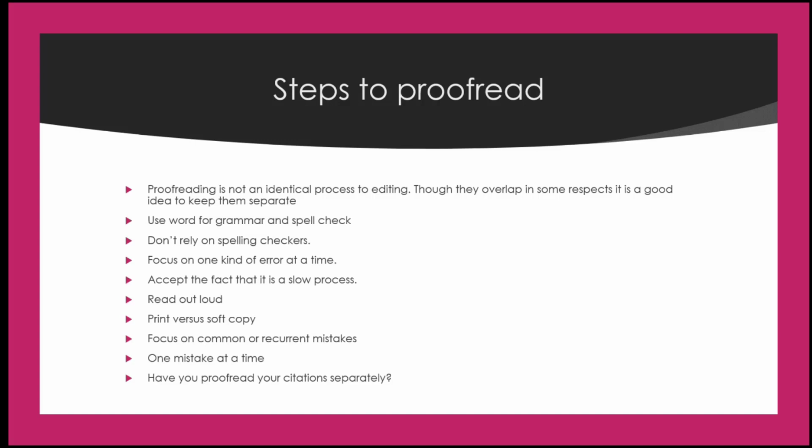Focus on one kind of error at a time. Now, what does this mean? If you're proofreading for punctuation, look at the punctuation only from the beginning to the end, without looking at maybe the language or the clarity of the messages and so on. Look at the punctuation only. Once you're done with the punctuation, then you can look at the sentence structure.